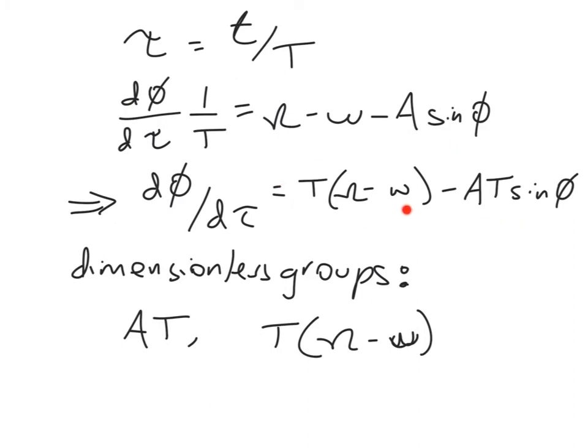And now we have two dimensionless groups that appear. One is A times T, so both A and T are themselves dimensional, and mixed together they're dimensionless, thus it's a dimensionless group. And then T times the frequency of the reference oscillator minus the natural frequency of the firefly. These are the two dimensionless groups, and we're going to choose the value of capital T so as to get rid of one of these, specifically, I think this one.